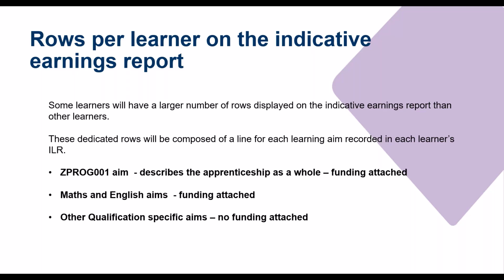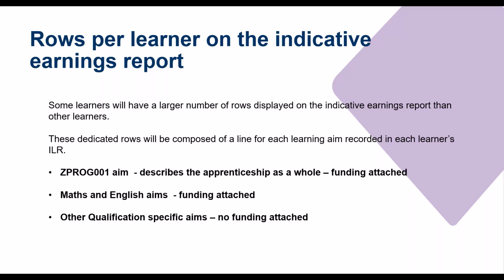What I wanted to show you, because it's a big report with a large amount of data, is that some learners will have a larger number of rows displayed on the indicative earnings report than other learners.